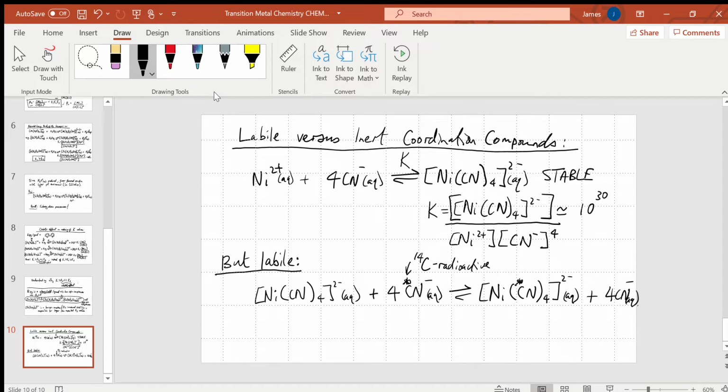Okay, so it's stable, but it's labile. So that means it's a stable structure, but the ligands can exchange. Remember, equilibrium is a dynamic process.